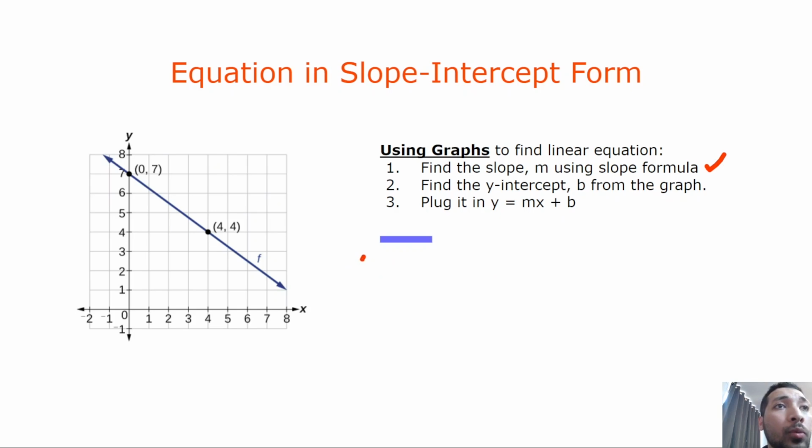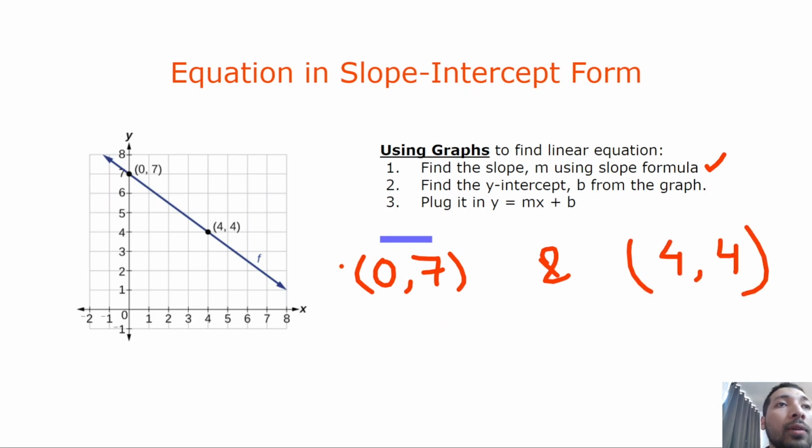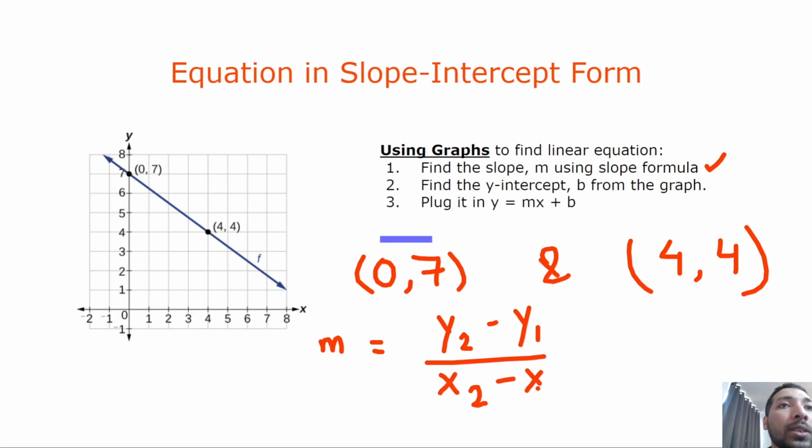To find the slope, we have these 2 points: 0, 7, and the second point is 4, 4. The formula for finding slope is m equals y2 minus y1 over x2 minus x1. So we can assign this point as x1, y1, and assign this coordinate point as x2, y2.